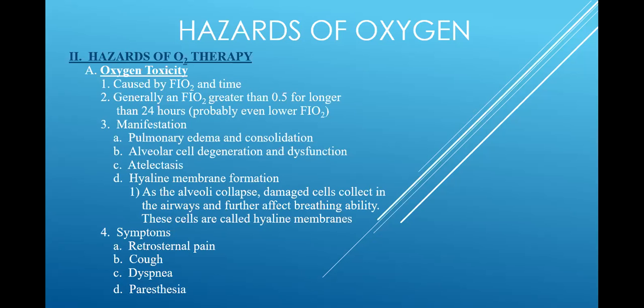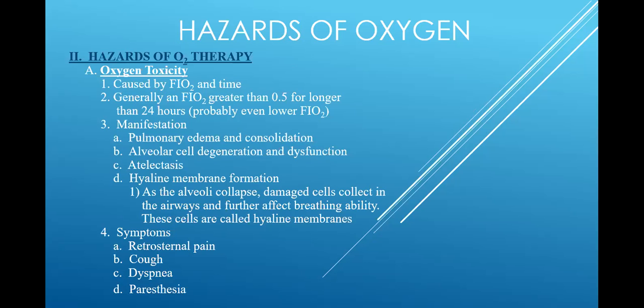Okay? FiO2 and time. So what they're saying is, if you have a FiO2 greater than 50% for longer than 24 hours, you could possibly cause oxygen toxicity. It can start to become toxic. That's why we like to keep that FiO2 below 50% as much as possible. So most of your ventilator patients will be on 40% or less, unless they're just so sick we have to bump them up.